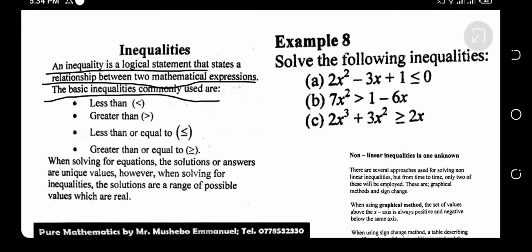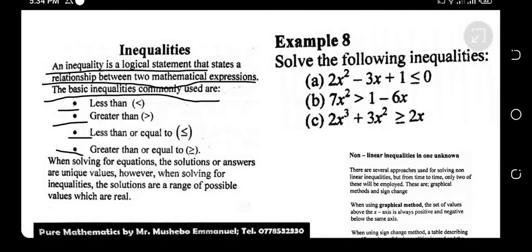There are 4 of them. One is less than, the second one is greater than, the third one we have less than or equal to, and then the fourth one, which is the last one, is greater than or equal to.